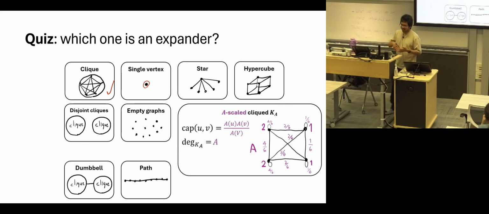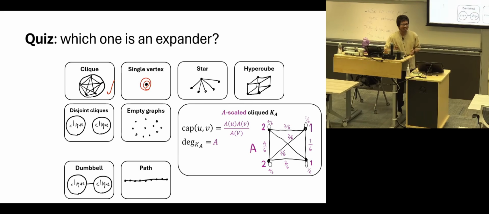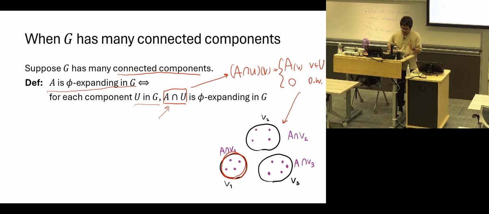Because there's only one cut here that contains the whole thing. But by definition, the set S needs to be not empty and not the whole thing.